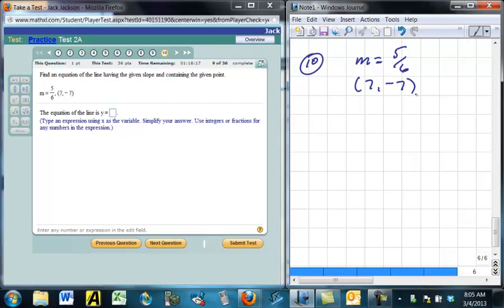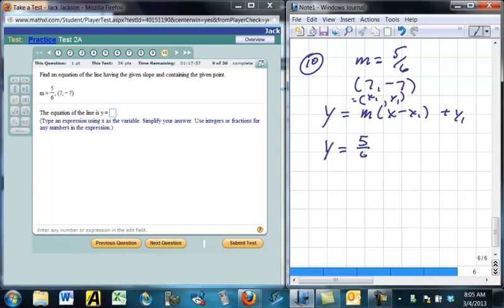A couple of different ways we can do this. One is we can use the point slope form, y equals m times x minus x1, plus y1. That's x1, y1 there.